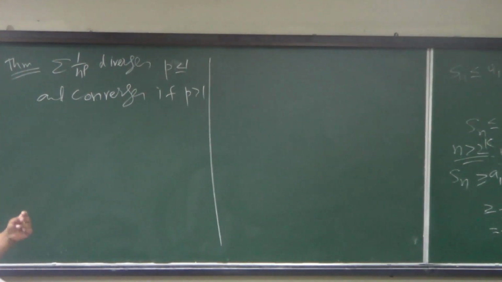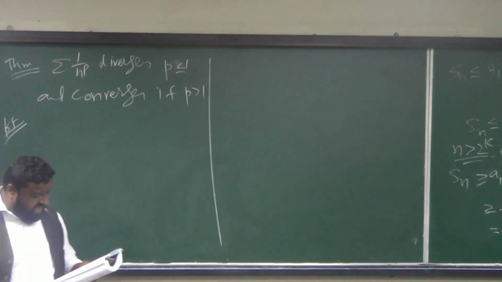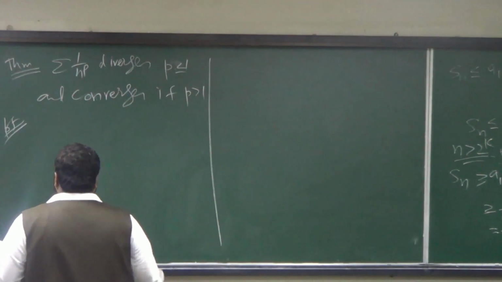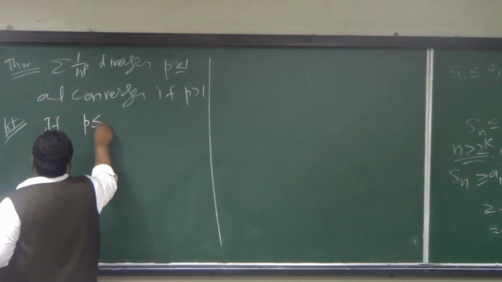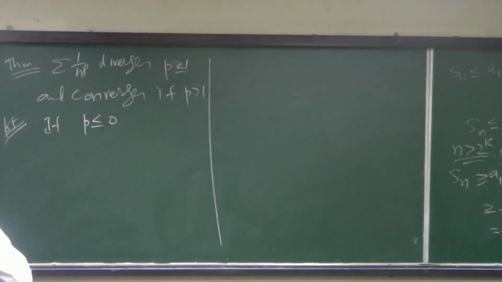You see how all these simple definitions are giving you proofs for this. Yes. So here's a quick one-liner proof. If p is less than or equal to 0, then what will be wrong with this series?